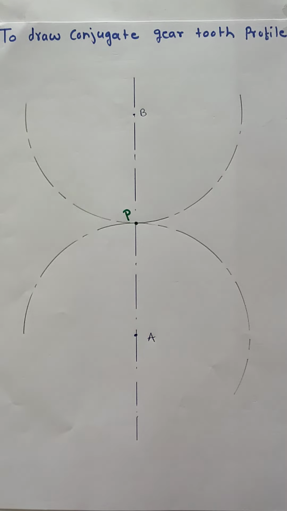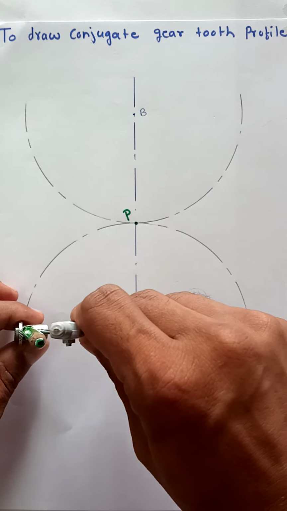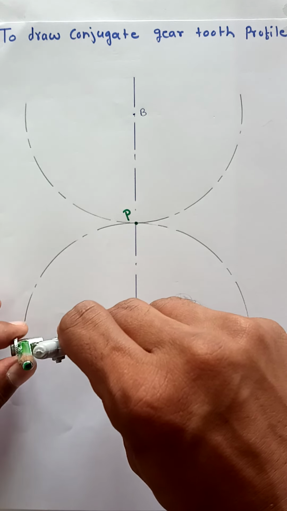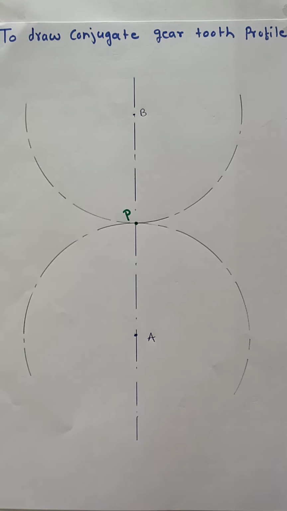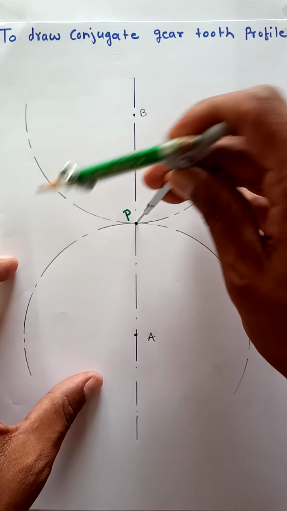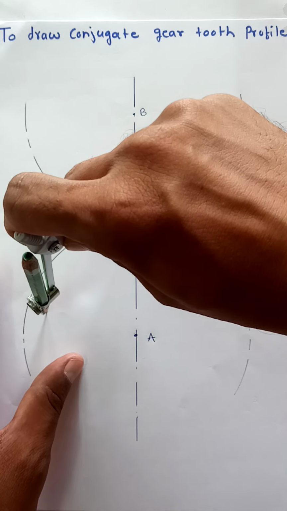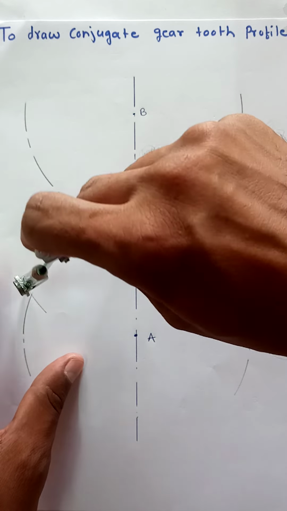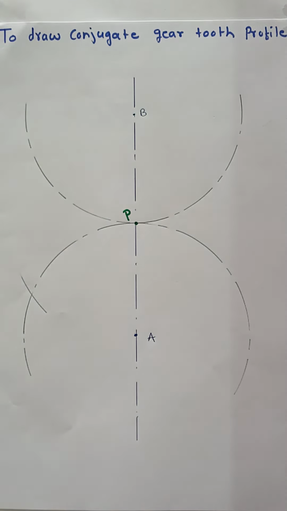Now we will choose the shape of the profile of gear 1. Any arbitrary shape. So we will consider the circular shape here. Let us consider a circular arc as the profile of teeth on gear 1.